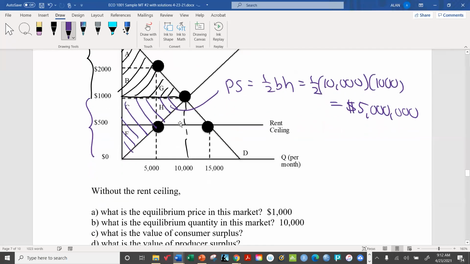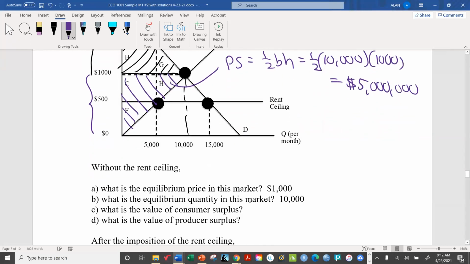Okay, so the consumer surplus is 10 million, and the producer is 5 million. So we start out there, and then we want to know what happens when the rent ceiling is imposed.